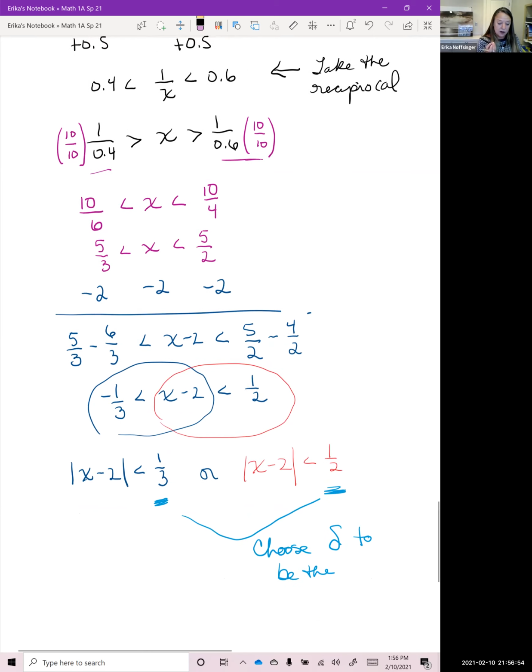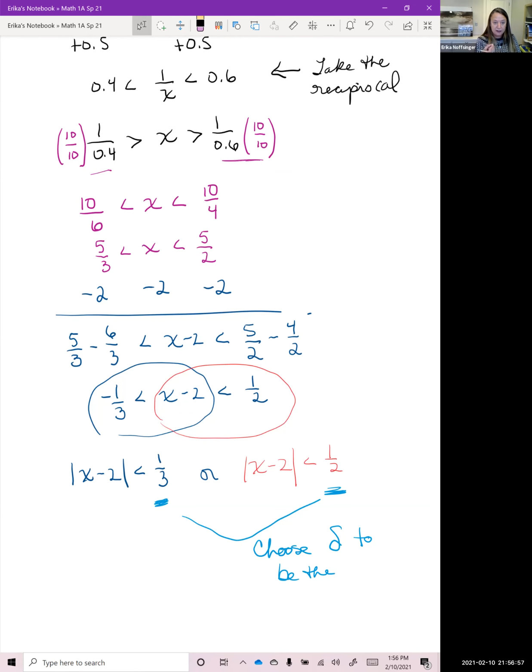So I can either add 1/2 and subtract 1/2 from 2 and make that the interval I'm looking at, or I can add 1/3 and subtract 1/3 from 2 and make that the interval I look at. The problem is this 1/2 is bigger than 1/3. And so if I chose delta to be 1/2, there'll be some times on one side that I wouldn't hit within that L plus epsilon and L minus epsilon.